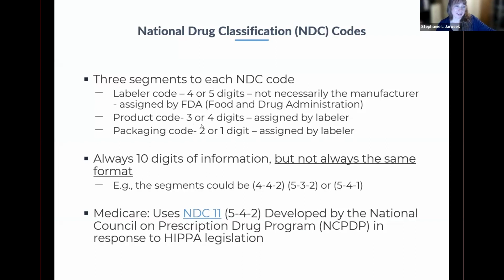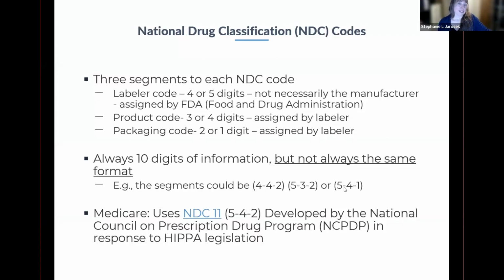Now you can see that there's some variation in the number of digits here. So there's always 10 digits of information. So if there were 4 in the labeler field, then you would expect to find 4 for the product code and 2 for the packaging code, for example. So it's not always the same format. There could be 442 or 532 or 541.